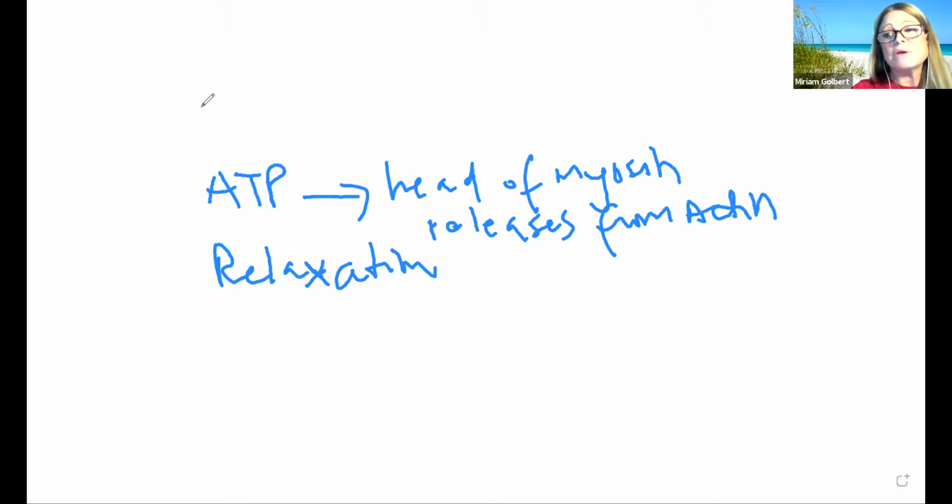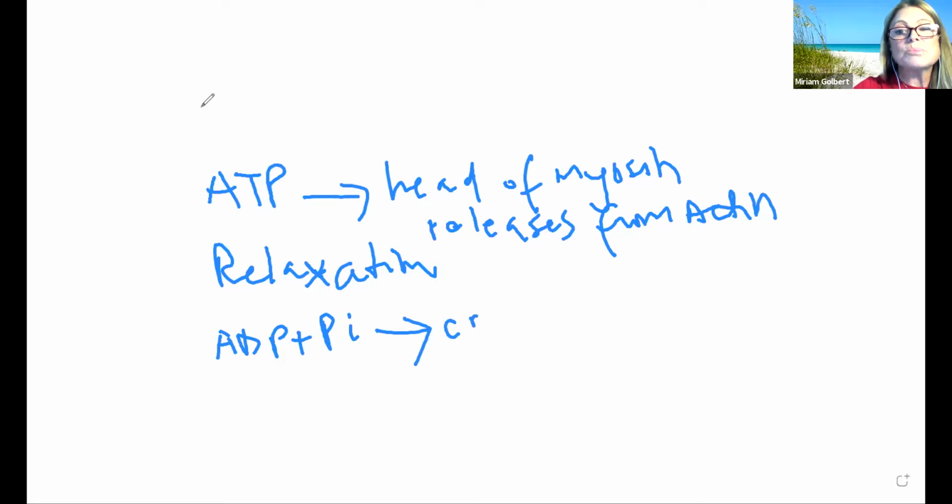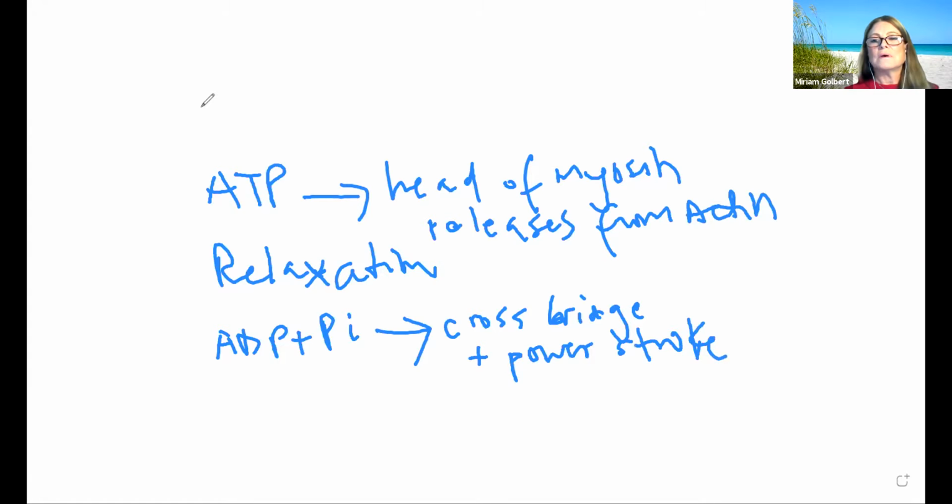I'm much better in a real whiteboard, you guys. All right. ADP plus phosphate. This is when we have the cross bridge. Remember, this means the myosin and the actin are together. And we're doing the power stroke. Are you following me? Yeah.